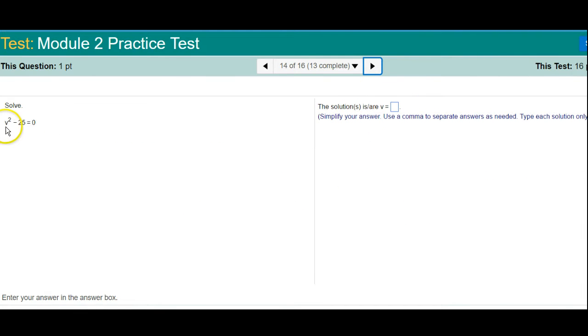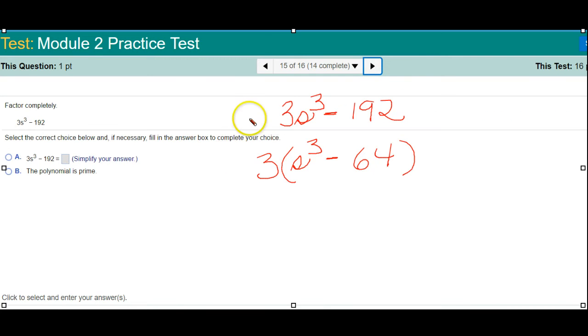Now, for this one, again, you're solving it. This is the difference of perfect squares that will factor into its conjugates, and then you use the principle of the zero product, and you can almost put the answers right there. So a hint on this one would be, you see s to the third, and they want you to factor it.